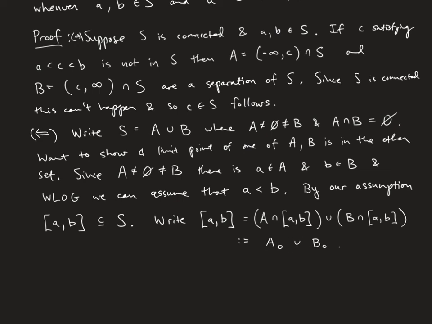So these sets are also disjoint. So observe that A naught is not equal to the empty set, and B naught is also not the empty set, and the intersection of these two things is the empty set.